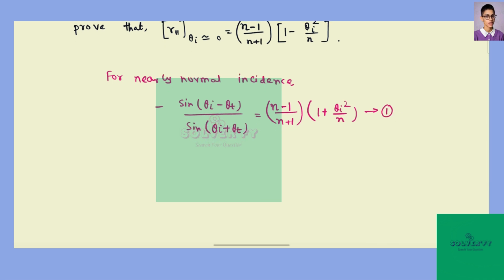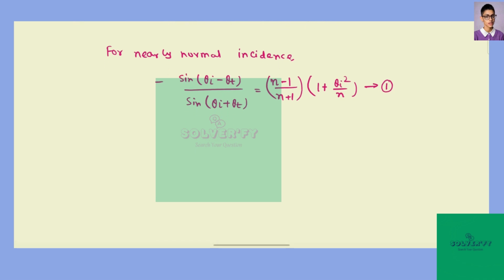Now for small angle of incidence, we can expand cos of (theta I plus theta t), where the angle theta I plus theta t is going to be very small for nearly normal incidence. In that case, we can write it as 1 minus (theta I plus theta t) whole square by 2 factorial plus (theta I plus theta t) to the power 4 by 4 factorial, and this way it will continue up to infinity.